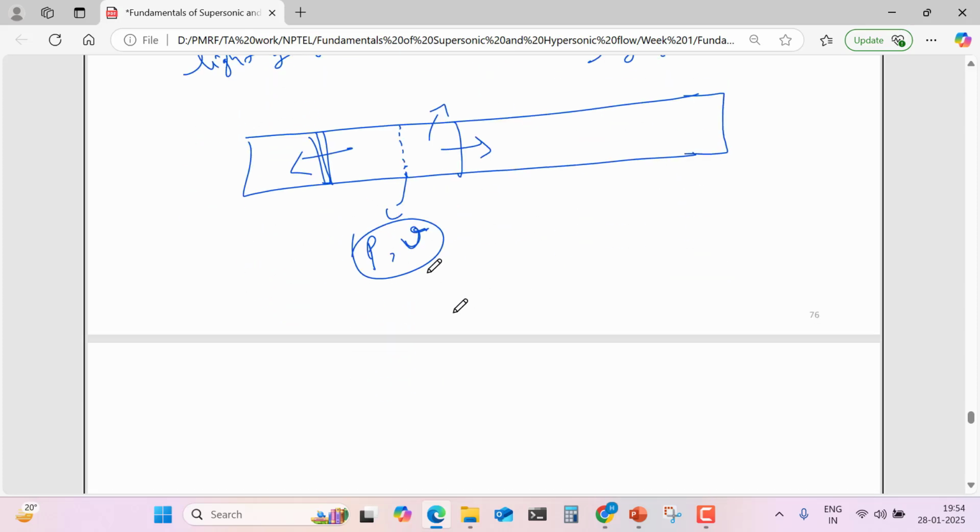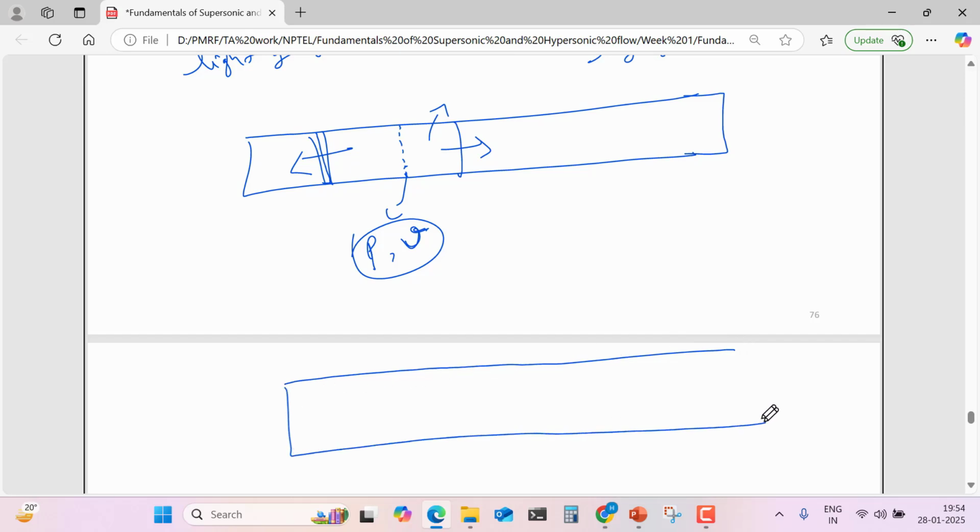When this shock travels and hits the wall, it will reflect back, and this expansion also will reflect.